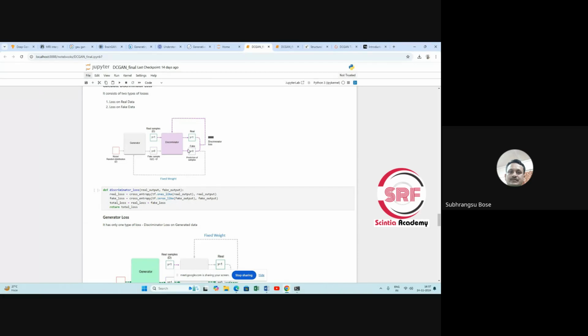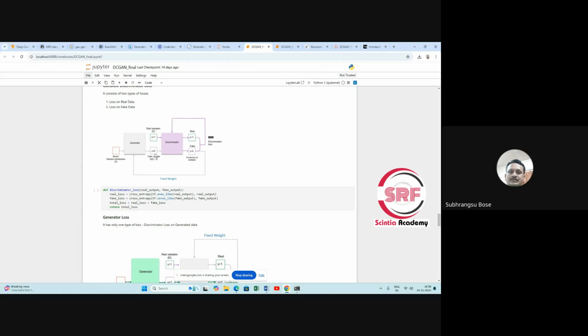If it gives y equal to 1 for a fake sample, then the loss penalizes the discriminator, it is back propagated to the discriminator, and it is trained again. After training, the discriminator analyzes the next sample, and the iteration goes on epoch by epoch.